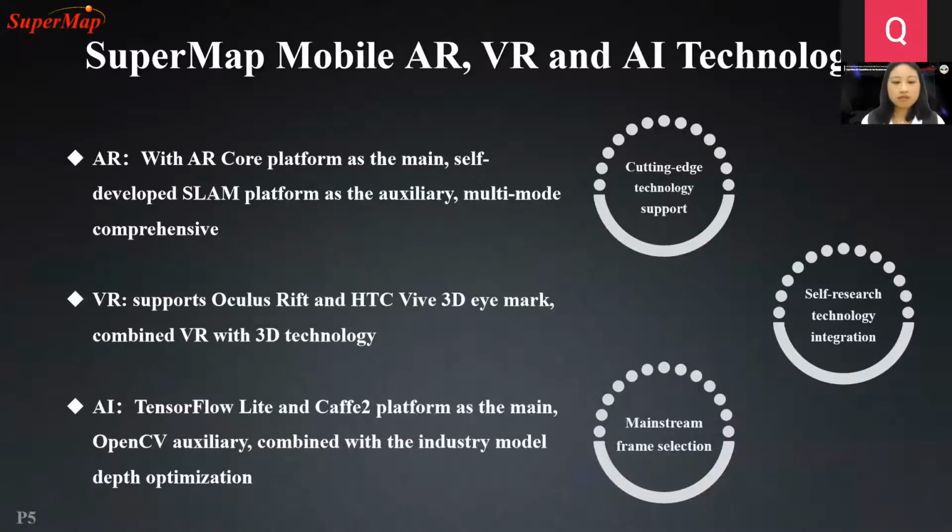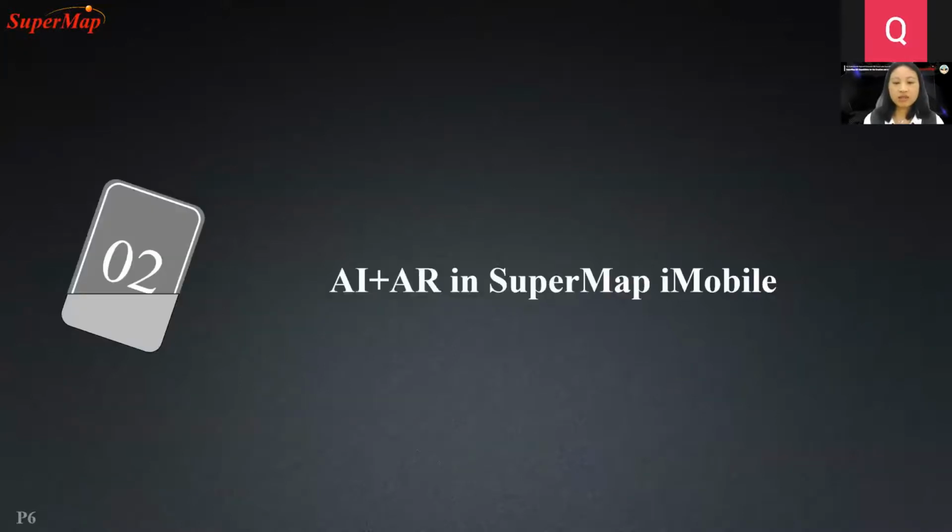Moreover, the functions are integrated in a mobile application so that you can measure, survey, and position anywhere and anytime. So as a self-research GIS platform, SuperMap integrates AR and AI into GIS, and optimizes and reconstructs the SLAM and AI technical framework. There are many achievements.